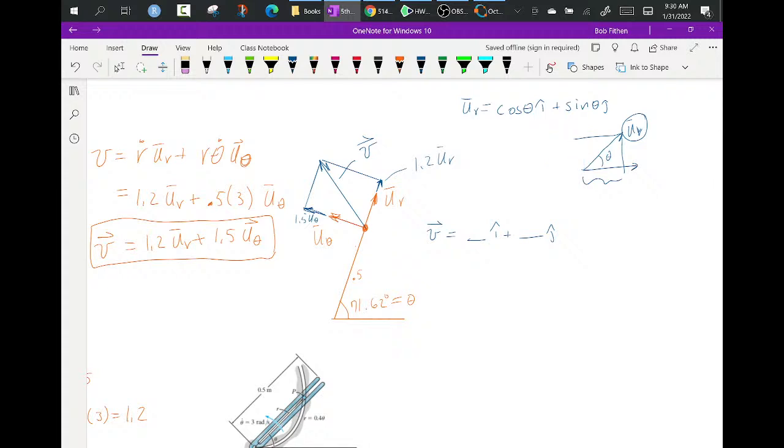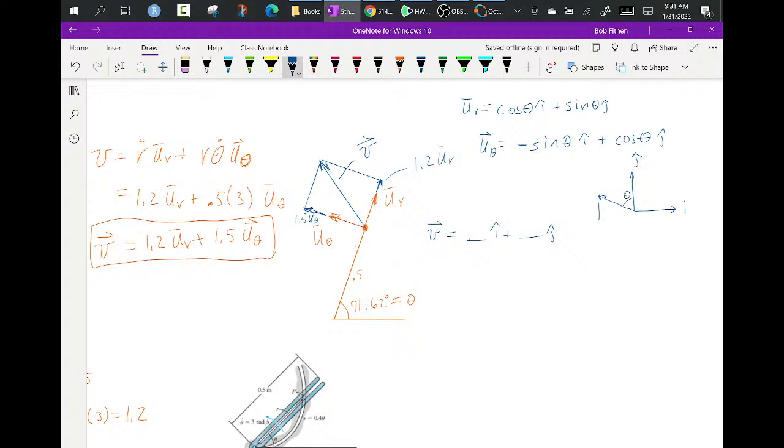So in fact, if you look back at some of the stuff I've talked about before, now it turns out U theta, it's basically this. So again, U theta sits here and points back this way. Here's I, here's J. This right here is theta.